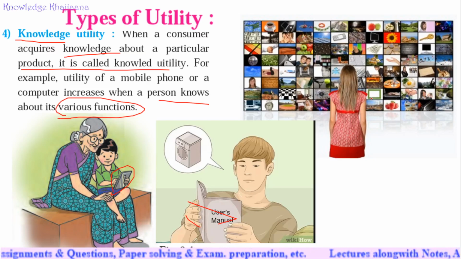We can even recheck the weight of products, manufacturing date, expiry date, contents, color, etc. This is the knowledge we got from the advertisement, from reading the user's manual, or from calling customer care. When we get utility after getting the knowledge, it is called knowledge utility.